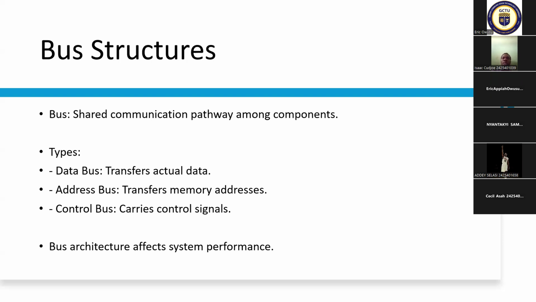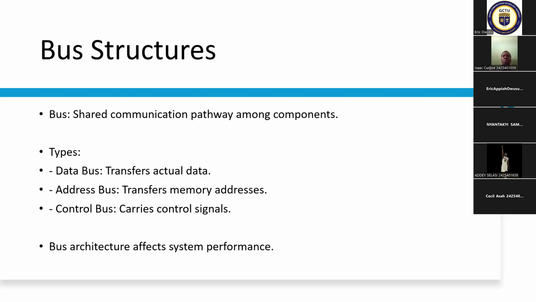We have the data bus, which carries actual data between the CPU, memory, and peripherals. Its characteristic is that it is bidirectional, so data can flow both ways. The width, the number of bits it can carry at once, directly affects performance. For example, a 32-bit data bus can carry 32 bits in one transfer.